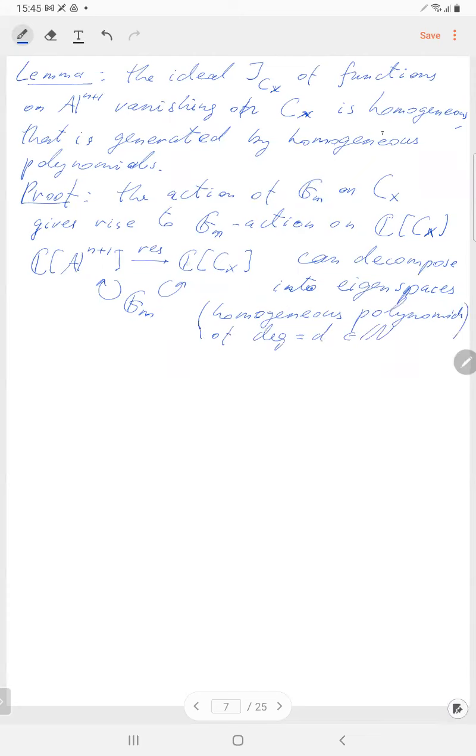Okay, but the same works for the functions on this cone. So we have some homogeneous generators here, and also homogeneous generators in the ideal. So the kernel here is the ideal, and it's also invariant with respect to the action. Okay, and we can take the generators. There are finitely many generators by the Hilbert Basis theorem, and then we can decompose them as linear combinations of eigenvectors, and they will all necessarily lie in the same ideal.